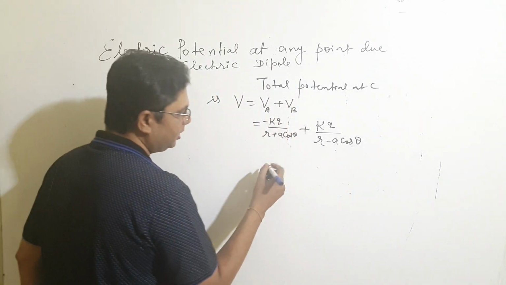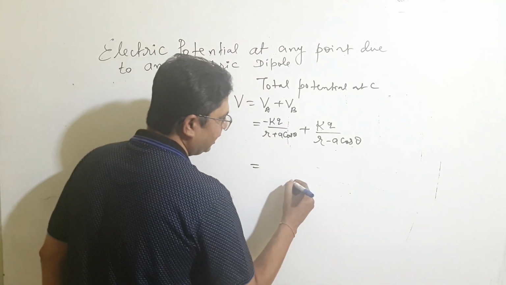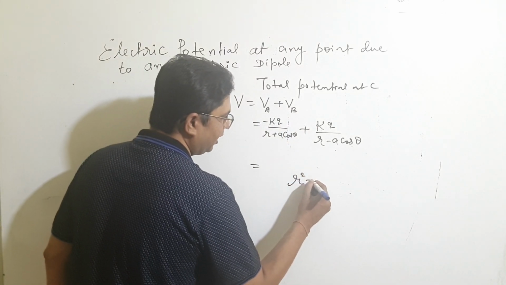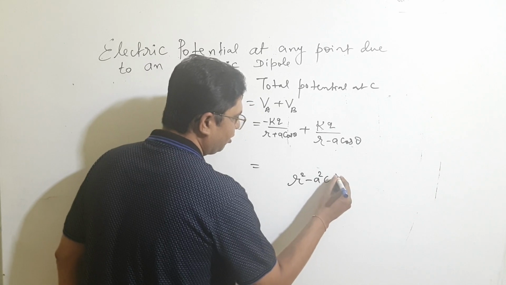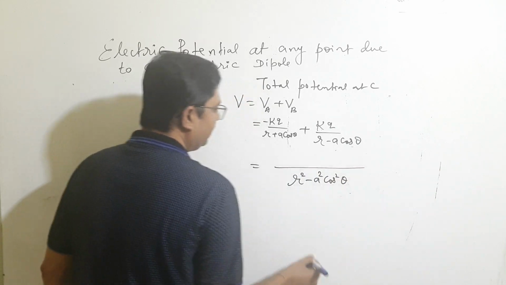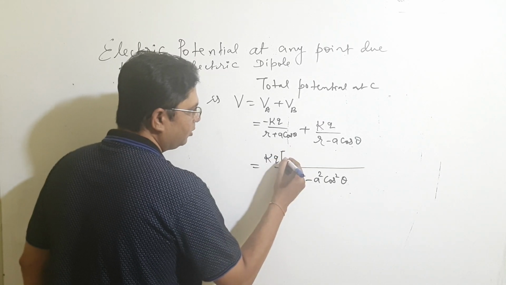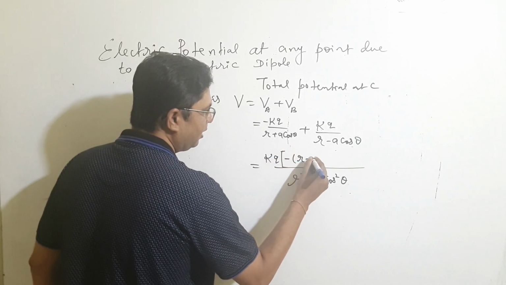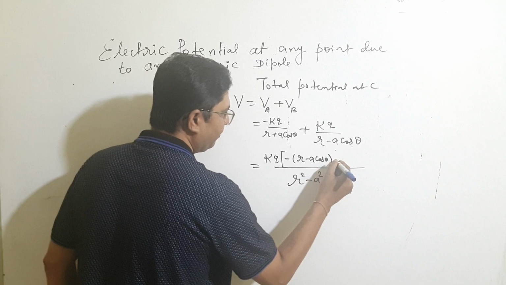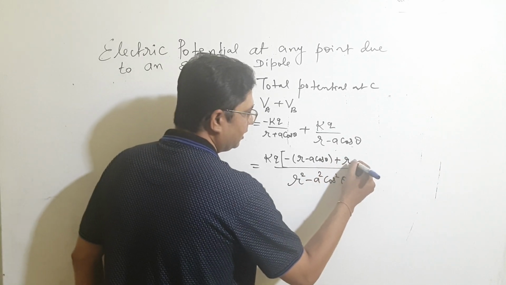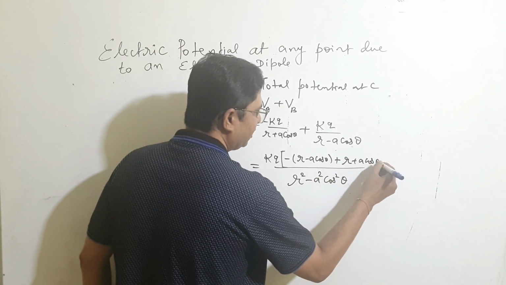For simplification, take the LCM. So the denominator is R square minus A square cos square theta. Here KQ is common outside. So we have minus R minus A cos theta plus R plus A cos theta.